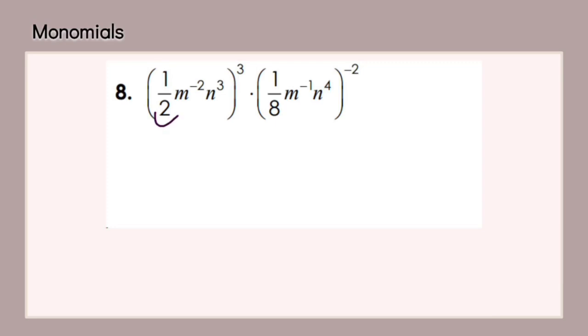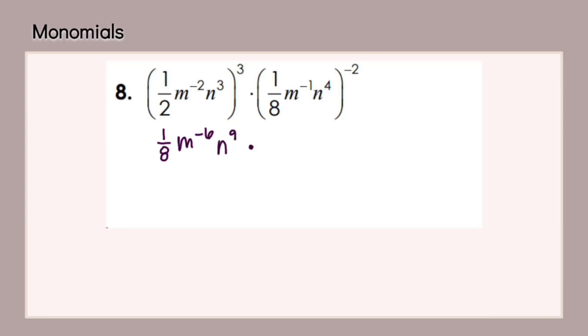However, when it's monomials, so it's all multiplication inside of here, we can apply that exponent to each individual piece, kind of like distribution. So 1/2 to the 3rd power would be 1/8. m to the negative 2 raised to the 3rd is m to the negative 6. n cubed would be n to the 9th.